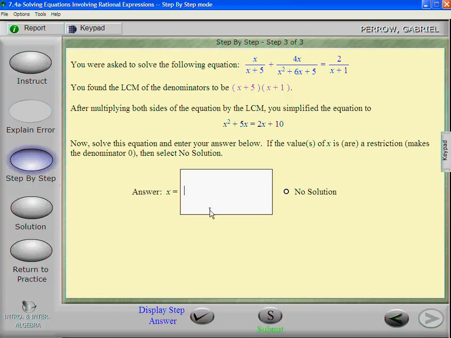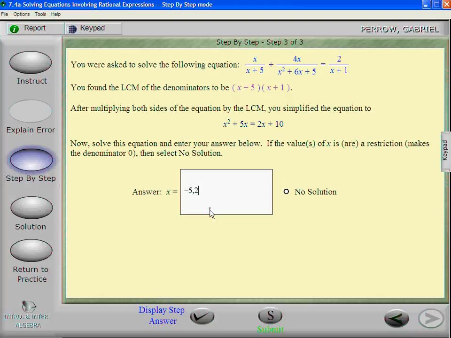So your solutions are going to end up being minus 5 and 2. Okay, so I'm skipping a little bit of steps here, but you would have to just think about what you did in section 6.4 in terms of setting each factor equal to 0 and solving. Those would be your solutions.